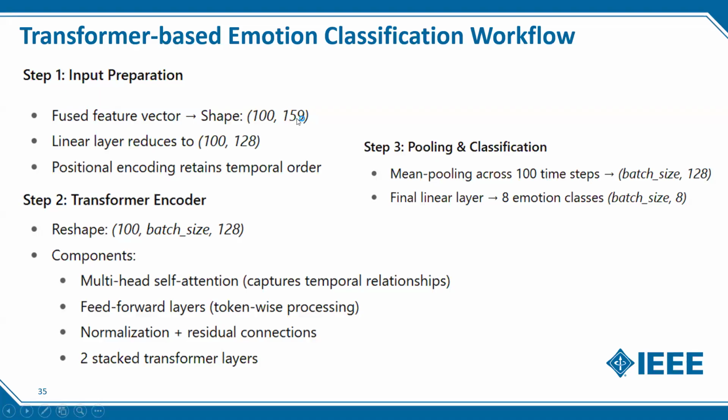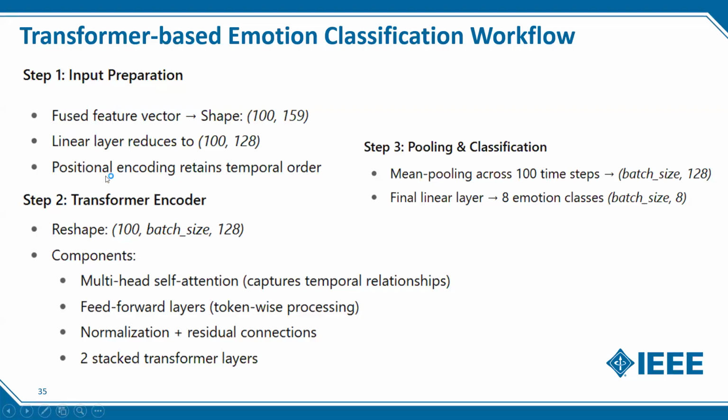That means there are a total of 159 features and 100 time steps. Then we performed some dimensionality reduction techniques to reduce the dimensions to 100, 128. So all these come under input preparation.